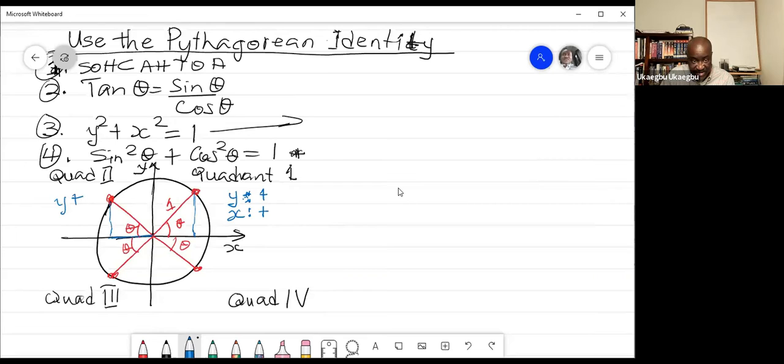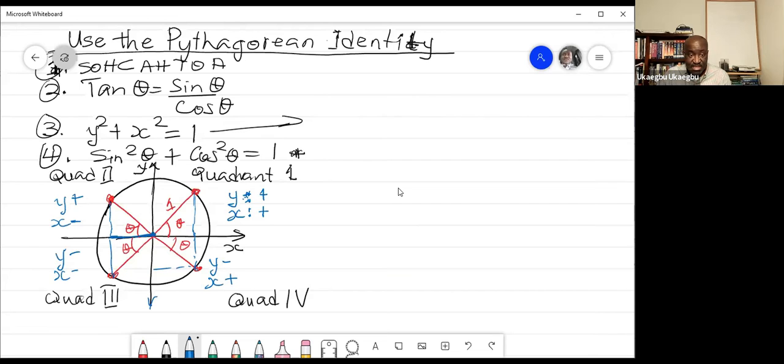Any value from this point of 0 to the other side is negative. On the third quadrant, you can see that y is negative and x is also negative. Then on the fourth quadrant, y is negative and x is positive.